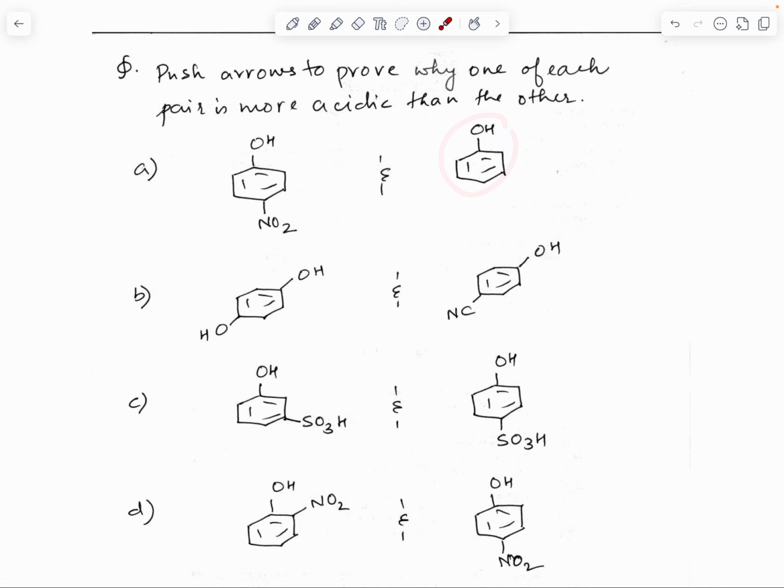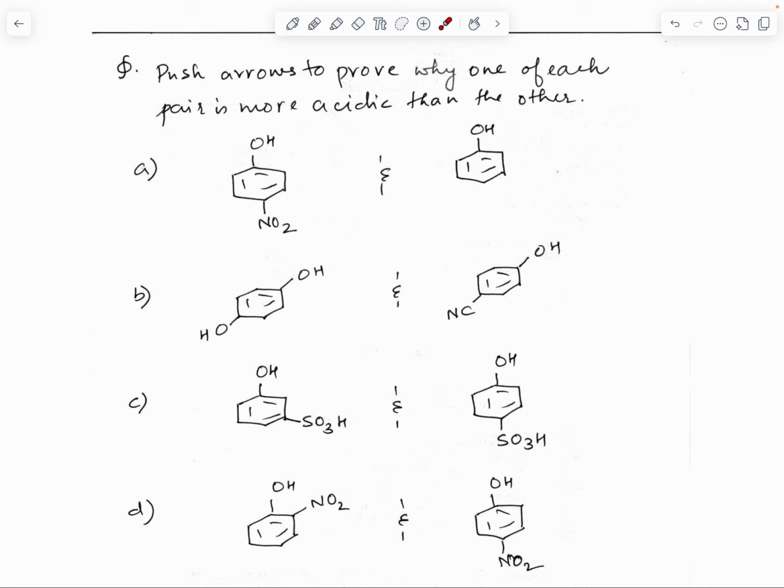Okay, so the key to figuring out why one molecule is more acidic than the other is to first remove a proton from the most obvious place and write out the conjugate base, and then see how much resonance is in the conjugate bases.